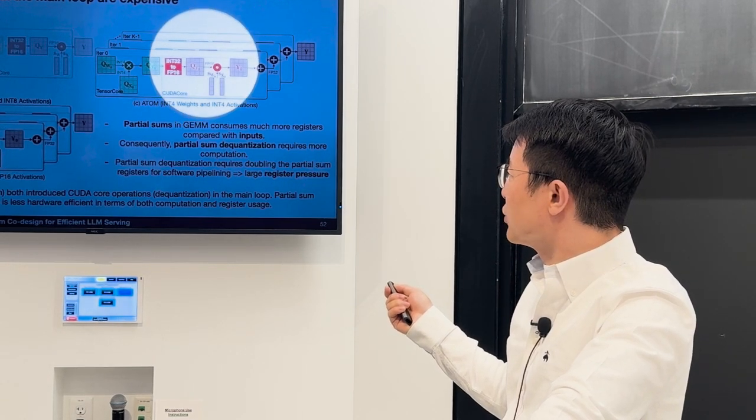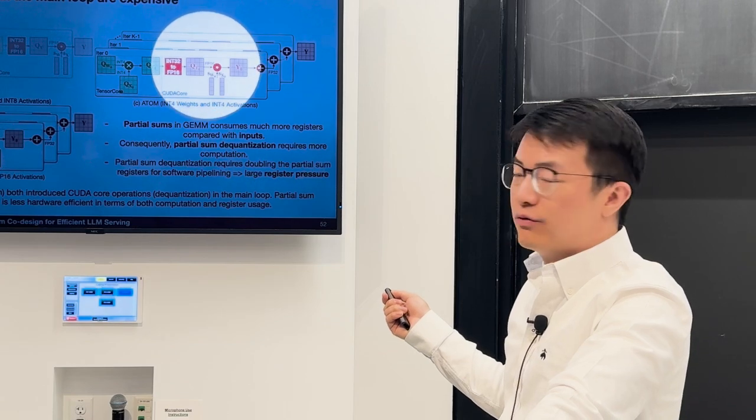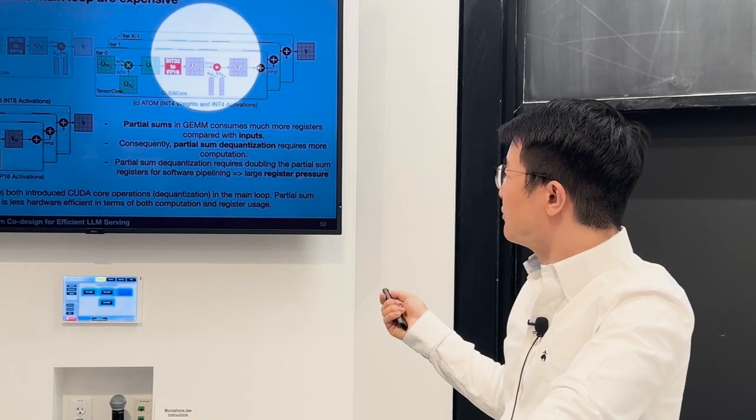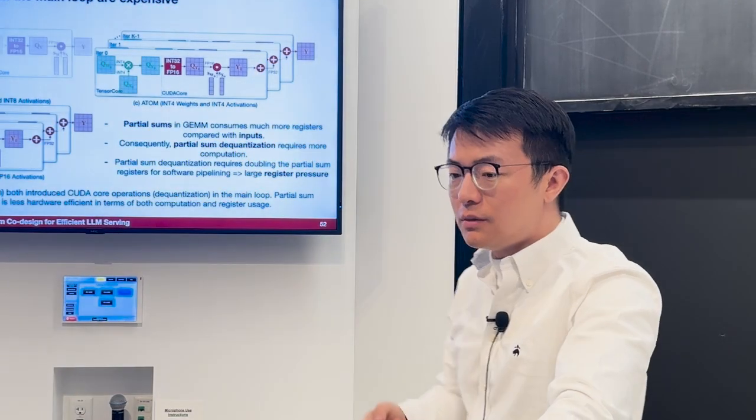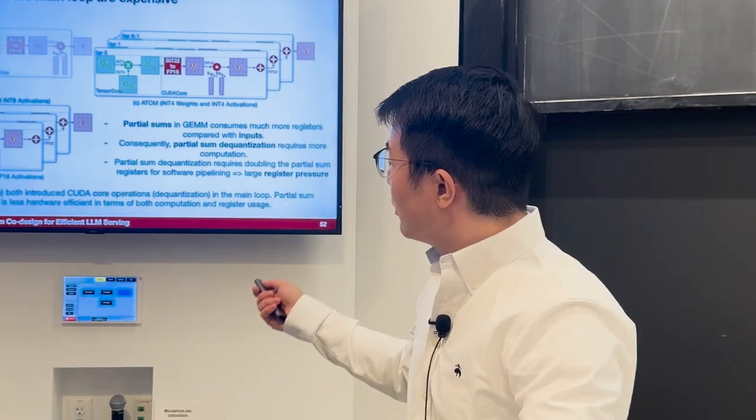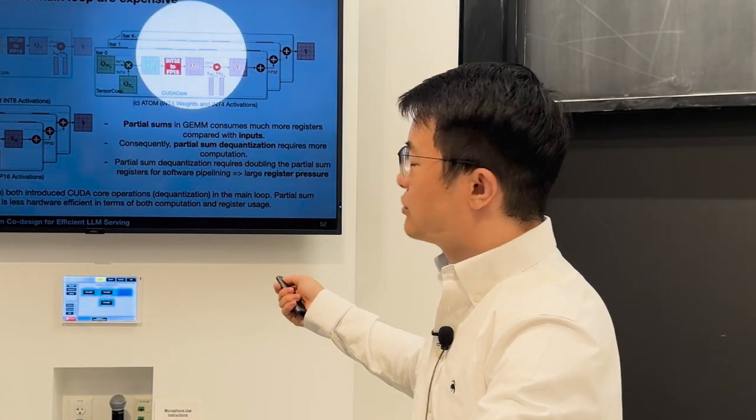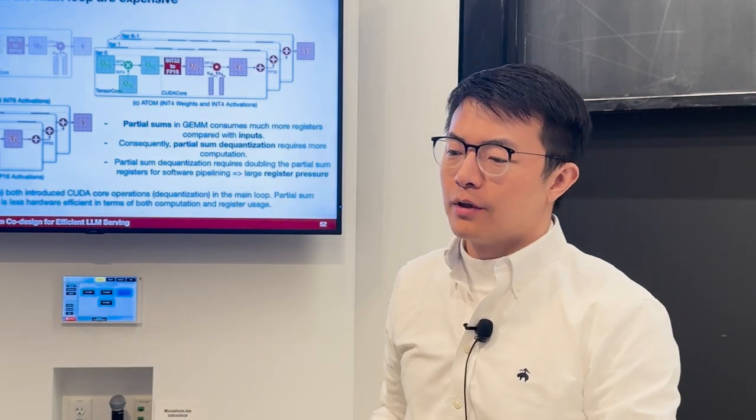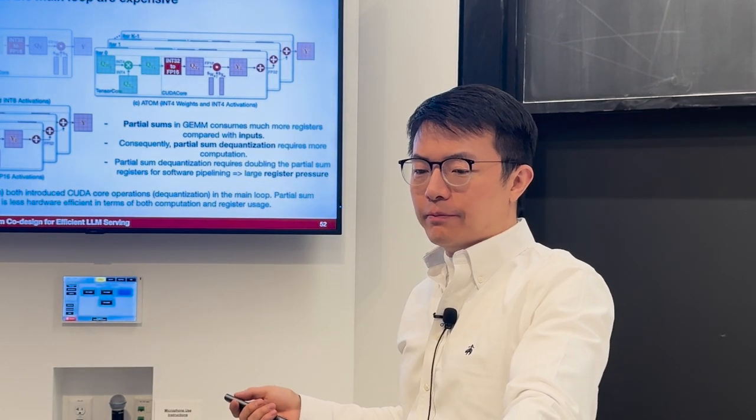The partial sums, we have to multiply with the FP16 scaling factors right here. Partial sums in GEMM consume many more registers compared with the input, and the partial sum dequantization from int32 to FP16 requires much more computation. That's why it's even slower.